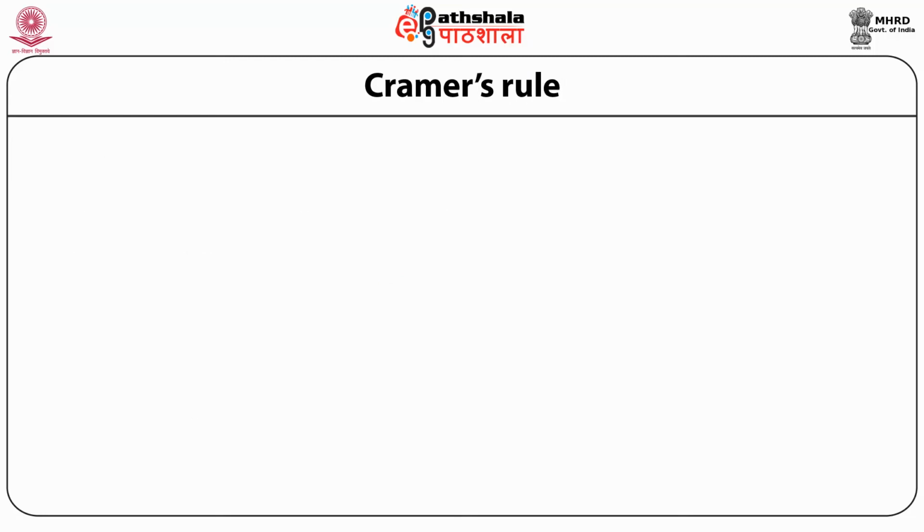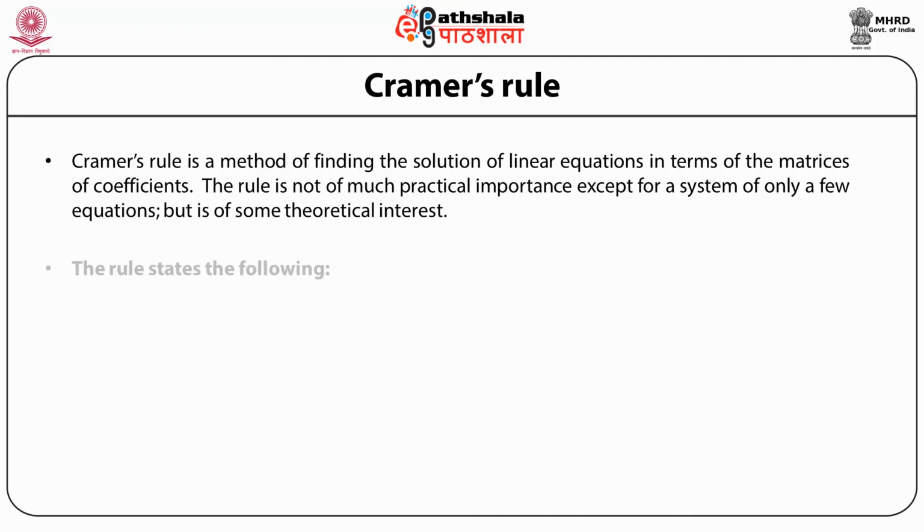Let us now discuss Cramer's rule. Cramer's rule is a method of finding the solution of linear equations in terms of the matrices of coefficients. The rule is not of much practical importance except for a system of only a few equations, but is of some theoretical interest. The rule states the following. First, consider a system of n equations in n unknowns.